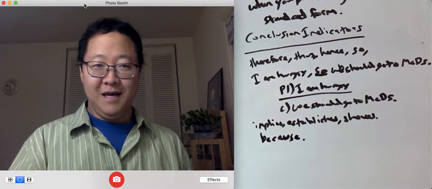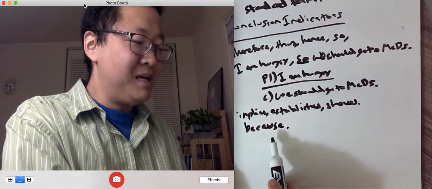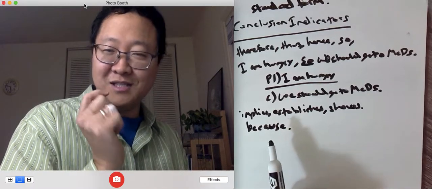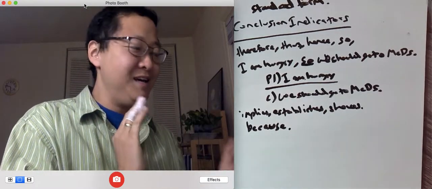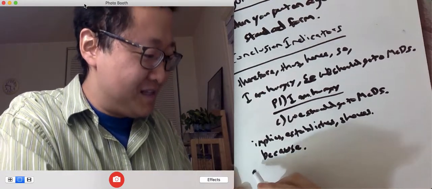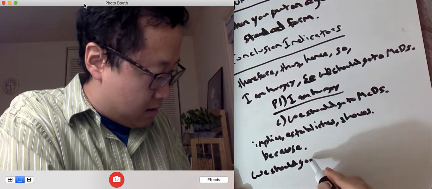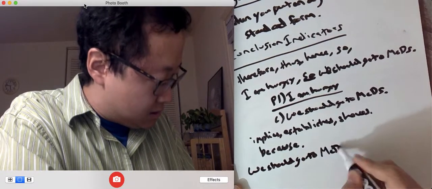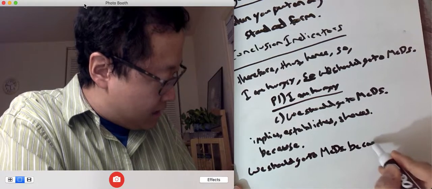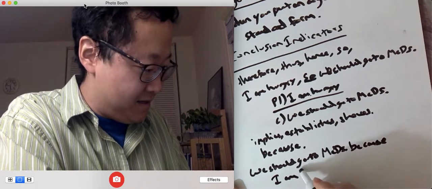Now, it's useful to know how because works. With because, when we use it as a conclusion indicator, normally the conclusion comes before the because. So I would say something like this. We should go to McDonald's because I am hungry.